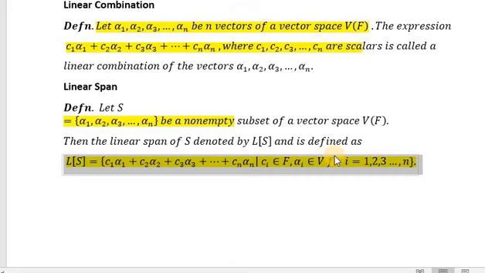So the set of the linear combinations is known as the linear span.